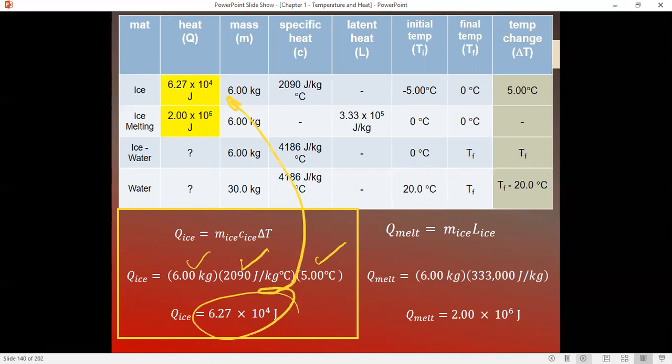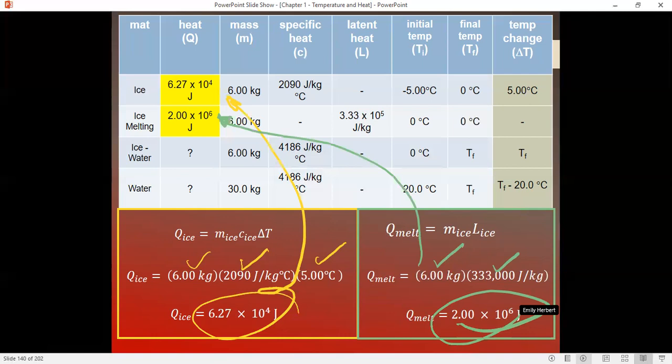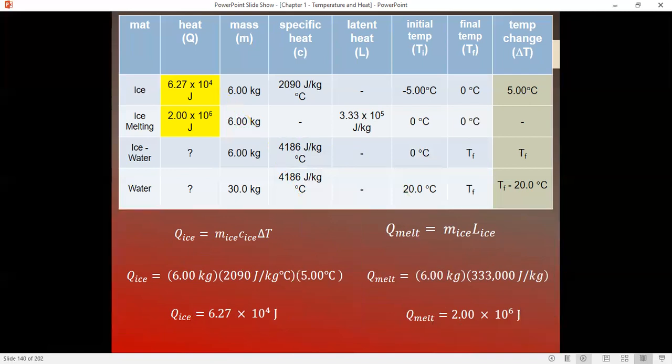And then likewise, I'm sorry, once it's melting, 6 kilograms of ice melting at 333,000 joules per kilogram. That is that value right there. Okay? So I have at least 2 of my Q's.